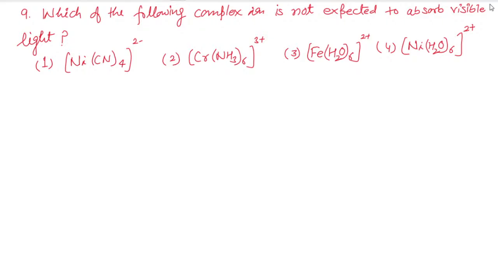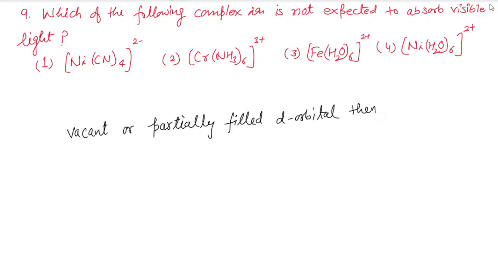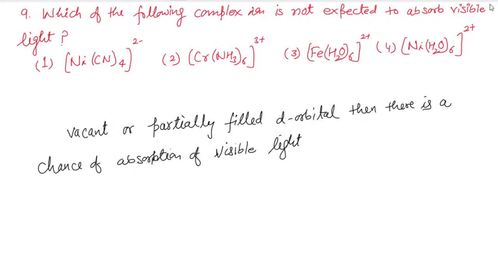See, if we have vacant or partially filled d orbital, then there is a chance of absorption of light, because then electron can shift in that particular region.